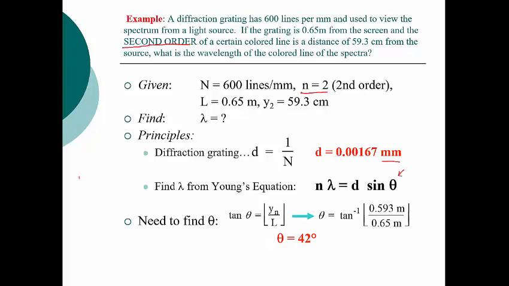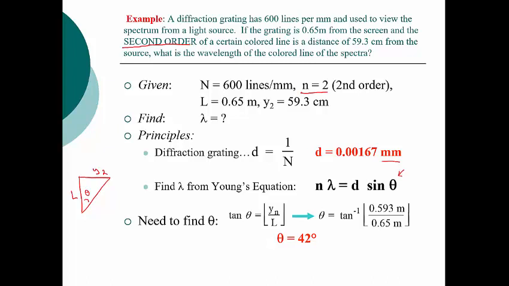So this is L, this is y2, and then this is theta. And so again, the tangent of my angle is the opposite over the adjacent. They have to have the same units. It doesn't matter if they're both in meters or both in millimeters or centimeters. The ratio is all we care about, and the ratio has no unit.